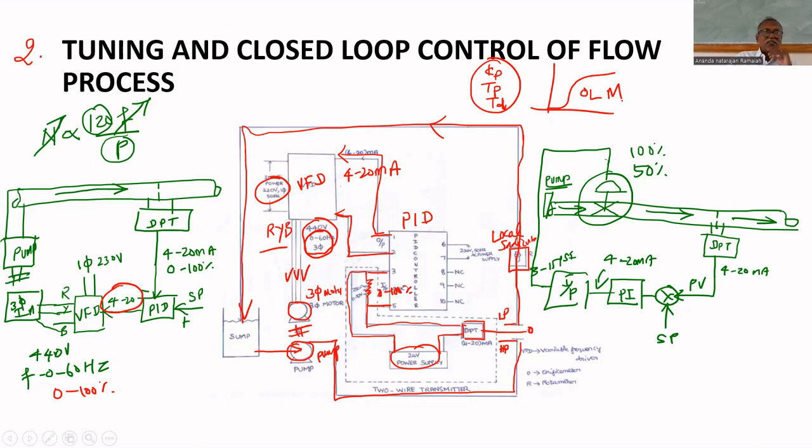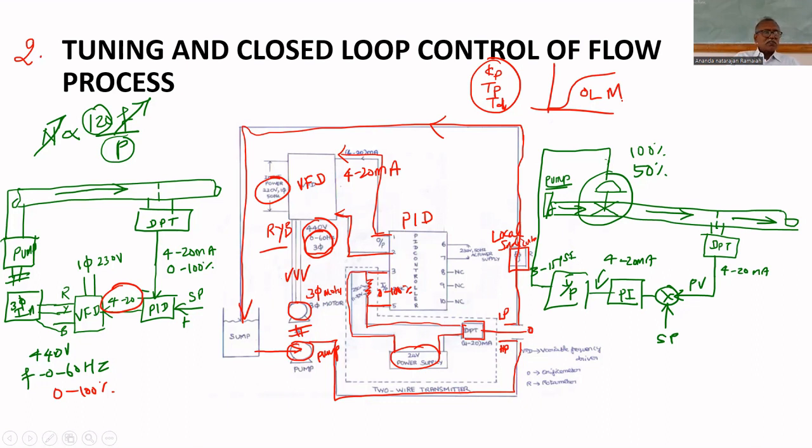The time constant is 20 seconds, but the process takes 20 minutes to settle. The time constant of the process is 20 seconds, but it takes a long time to settle because it is not first order. It is fifth order, so it takes a long time to settle. Why does it take 20 minutes? Because it has dead time. That's why it takes a long time to settle.